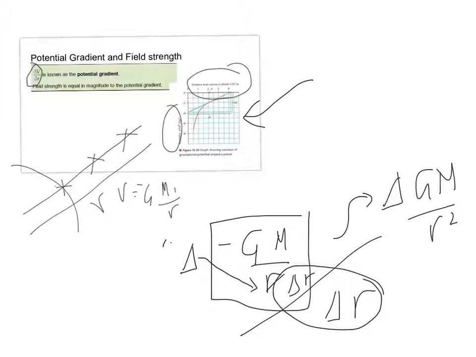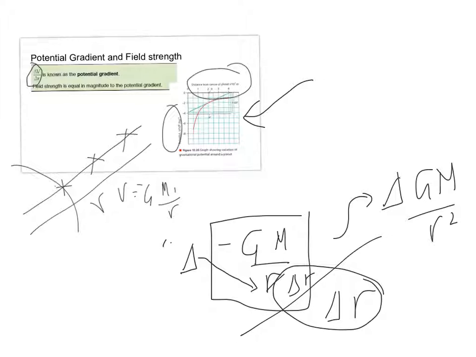As you can see, by dividing the potential by distance, we're actually going back to the field strength. So, the field strength is equal in magnitude to the potential gradient.